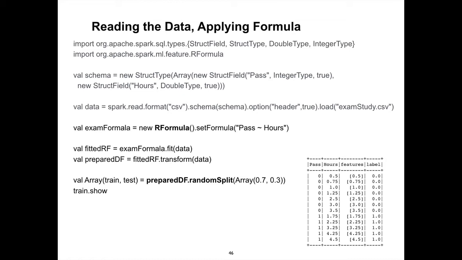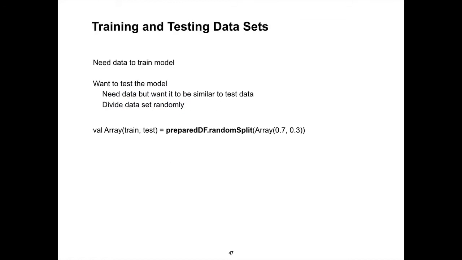And then we can look at the data, and we get the two columns, one label and the feature. So again, we're just dividing the data set into two pieces. One is to train the model, one is to test it.